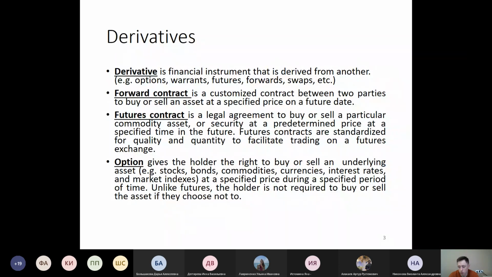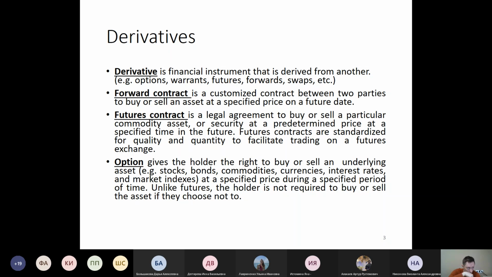Then instead of a future contract, you can purchase an option. Option is a special type of instrument which gives you the right, but not an obligation, to either buy or sell some underlying assets. And for this opportunity, you have to pay some fee for the option.